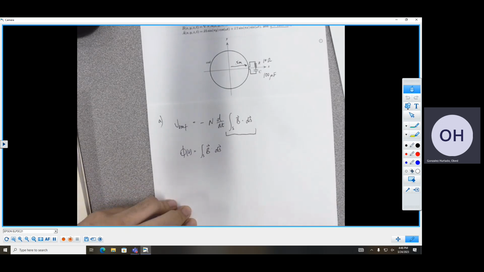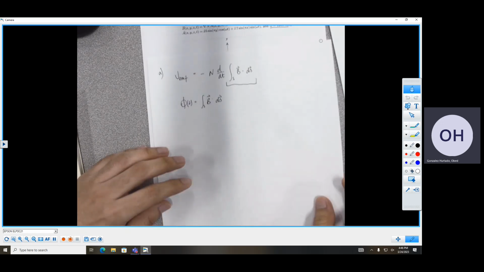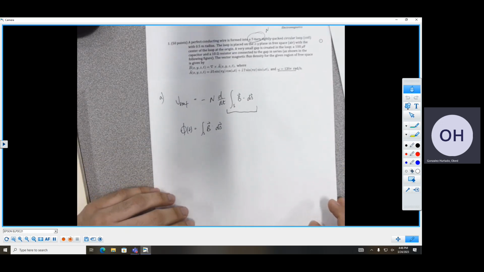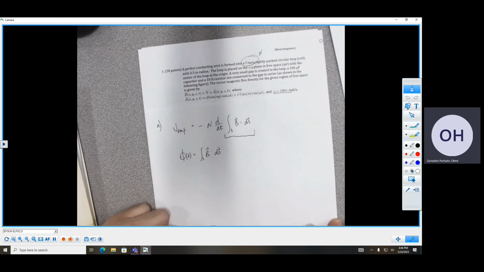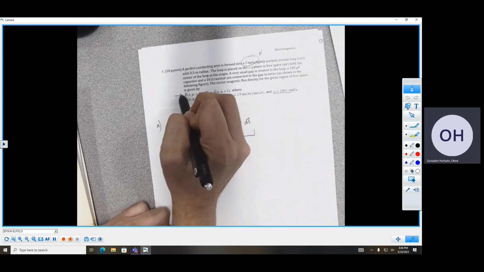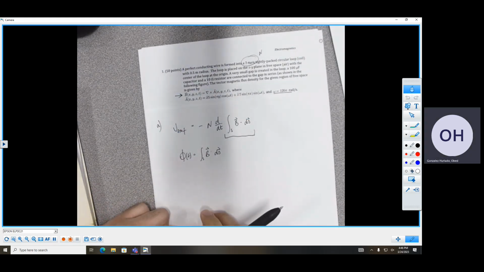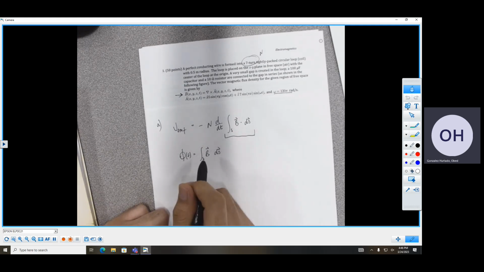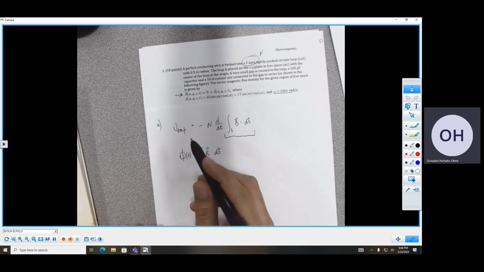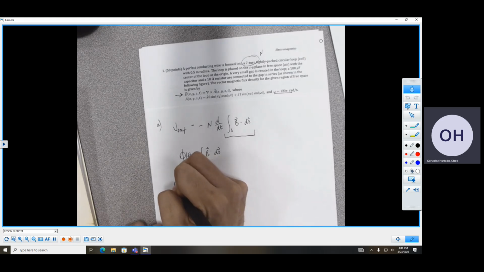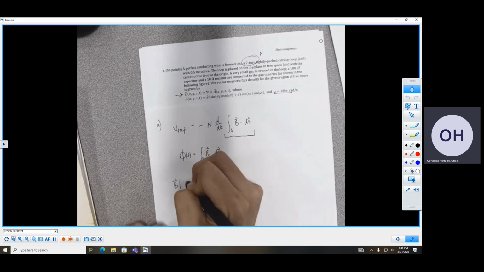I skipped a step. Skipped a very important step. Put this up here. Let's solve for this, because we're going to need B. We'll need the flux. So let's solve for that. The equation actually starts with solving for this.